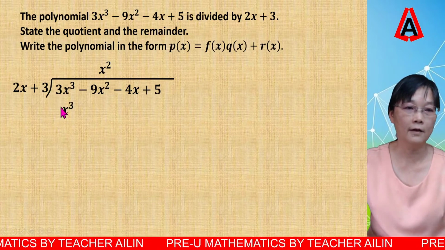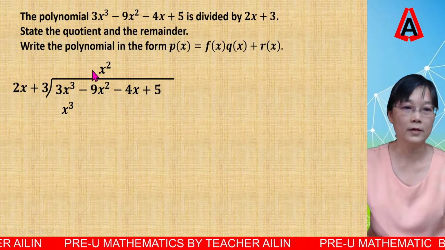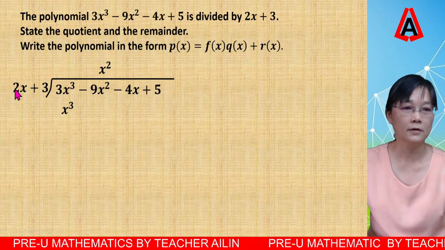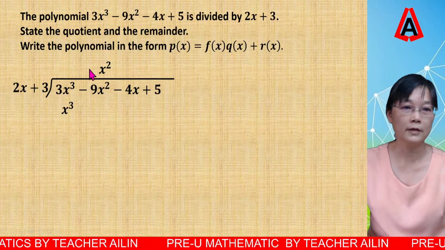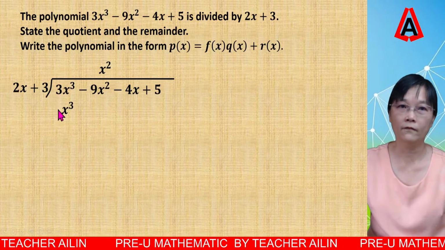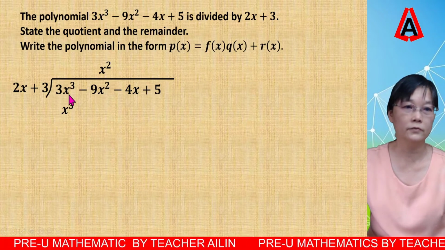Now for the coefficient, we have to think: 2 times what gives 3? We know that 2 times 1 is 2, 2 times 2 is 4, so we are not able to get 3. So what should we do?